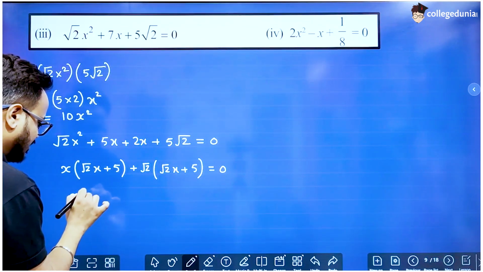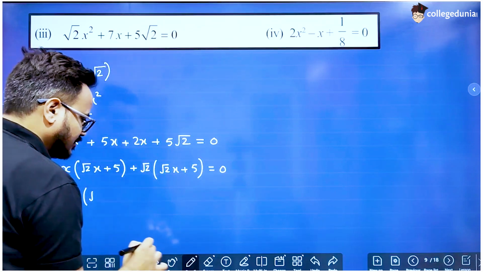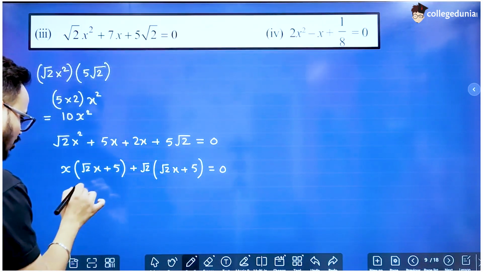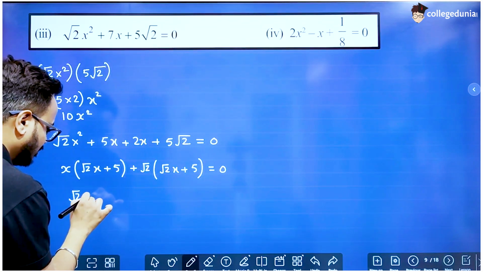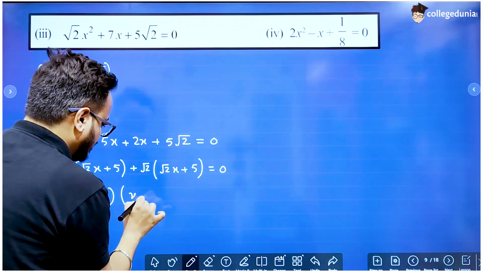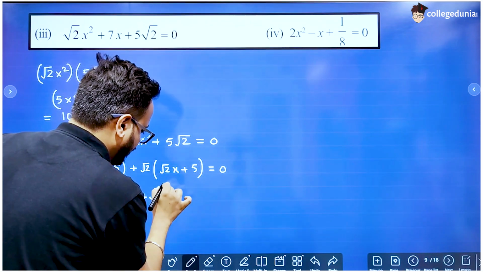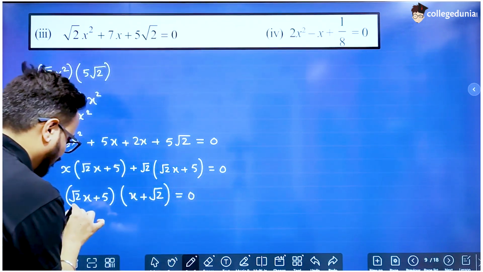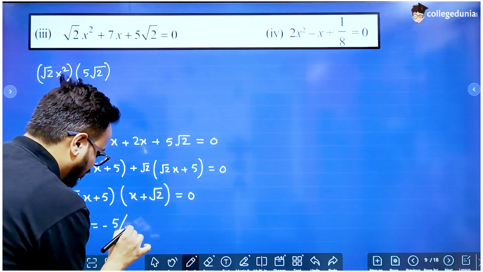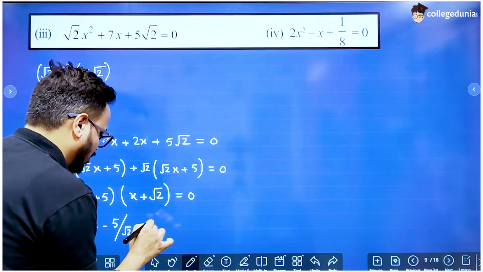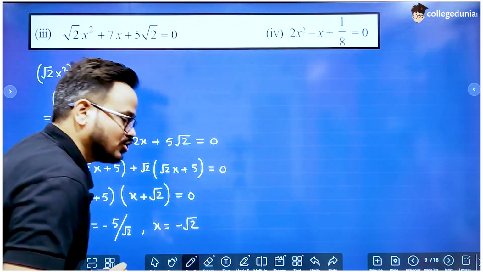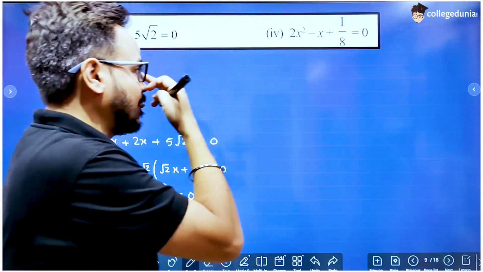So this is x into, now take the root 2x plus 5 common. So here x is left and here root 2 is left, equal to 0. If I put it equal to 0, I get x equal to minus 5 by root 2. If I put it equal to 0, I get x equal to minus root 2. So these are the two roots of this equation.